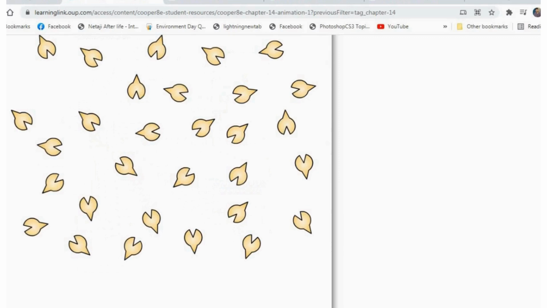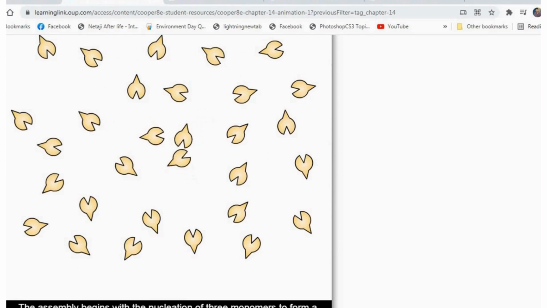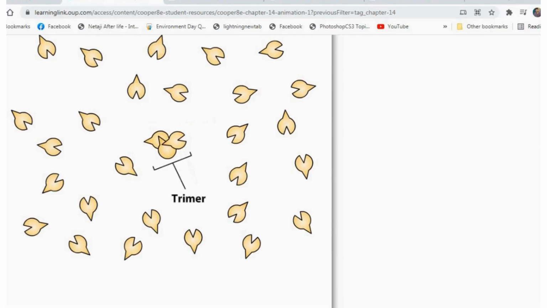G-actin monomers polymerize to form actin filaments. The assembly begins with the nucleation of 3 monomers to form a trimer.